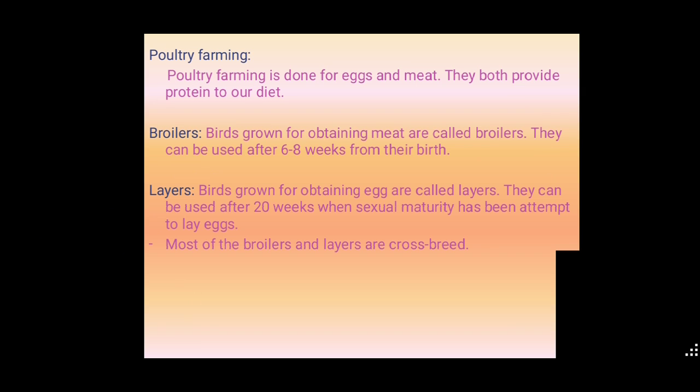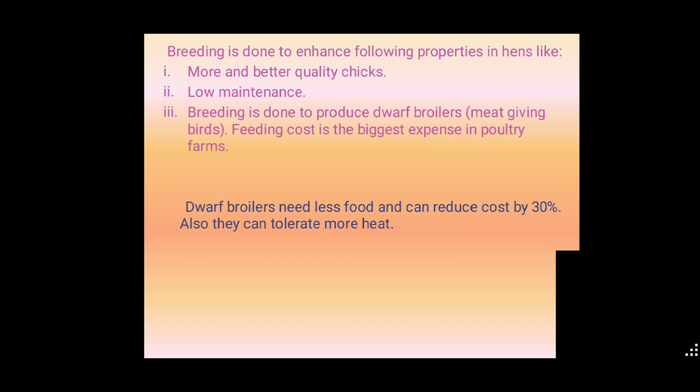Most of the broilers and layers are crossbreeds. For the maintenance of meat and egg production, we breed between broilers and layers in laboratory conditions. Next, breeding is done to enhance the following properties in hens, like enhancing food production or egg production.